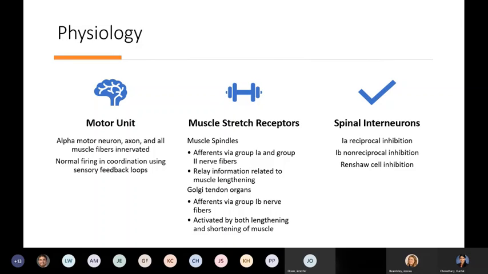And this coordination is accomplished with use of a pretty complex sensory feedback loop that includes information on muscle length, tension, velocity, joint position, and is mediated by a bunch of different reflexes, both monosynaptic immediately, and then some complex higher level control. And these involve the muscle stretch receptors, which carry afferent information regarding that muscle length, tension, position, and velocity, and the spinal interneurons, which are facilitating a lot of these feedback and reflex loops.